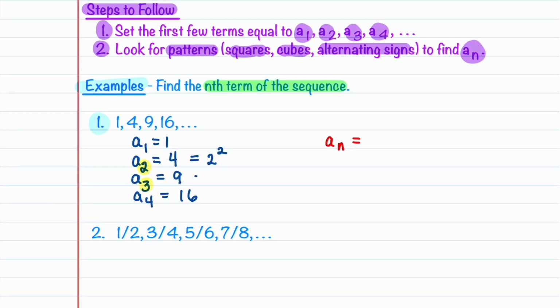We can write 9 as 3 squared. And then A4, we can write that as 4 squared. So our term is just going to be that subscript number squared. Over here on the right, that gives us A sub n is just equal to n squared.